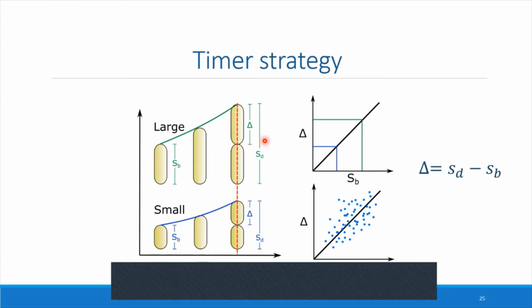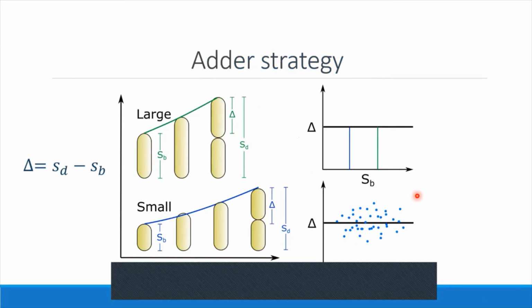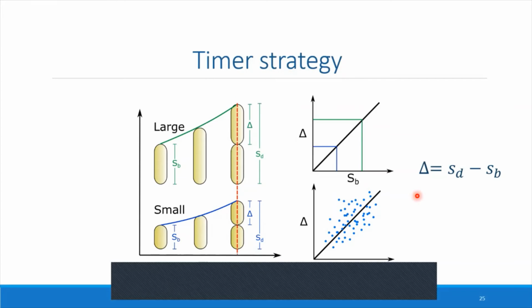So the relationship between the added size delta and the size at birth is actually a positive slope straight line with some stochastic fluctuations. In the adder case it is a flat line, and in the timer case it is a positive slope straight line.